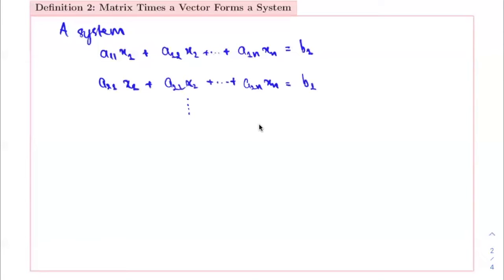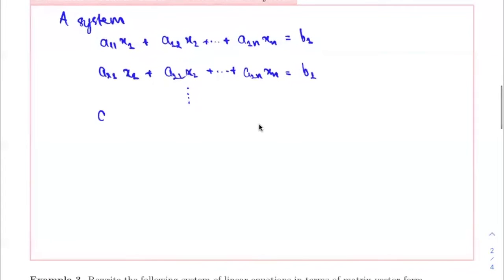And you can do this for m linear equations or m components. So you have am1 times x1 plus am2 times x2 up to amn times xn, and this is equal to b sub m. Okay, b sub m, because again you have m components or m linear equations.